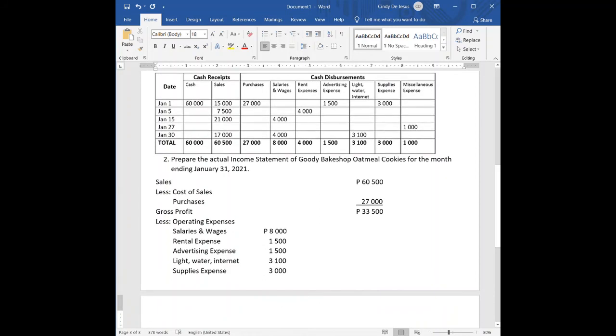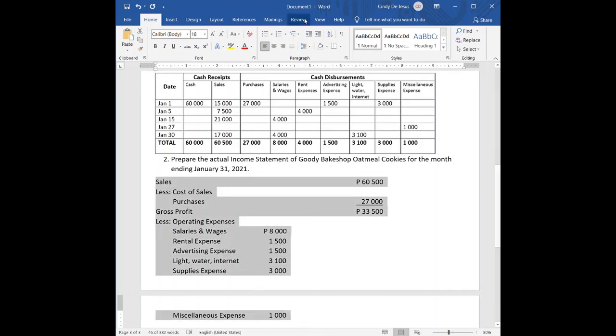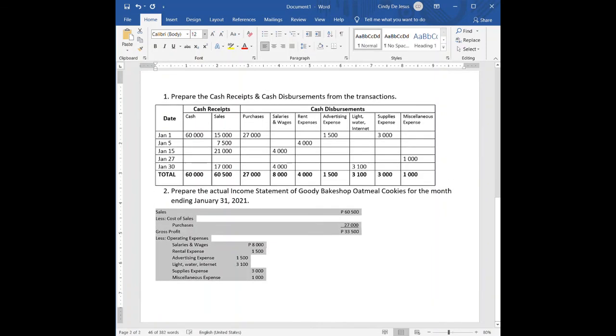And then we also have miscellaneous expense, which is a total of 1,000. So, you will place it there. Let's make the font smaller, let's make it 12. Hopefully, you can still see it.